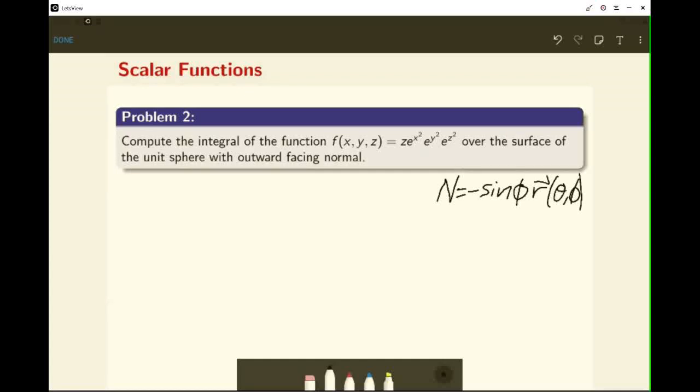And so since we have this, we can see that the area element that we need, the magnitude of n, is going to be just sine phi, and really it should be absolute value sine phi, but since we know phi is ranging from 0 to pi, the sign is always non-negative, and so the absolute value is equal to the value.